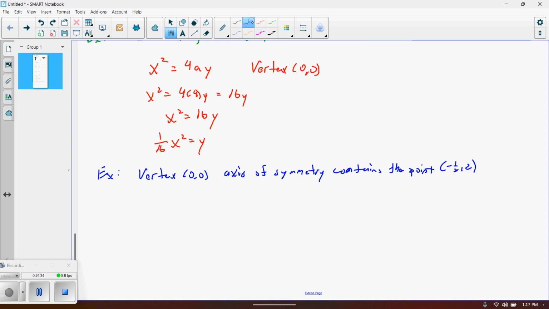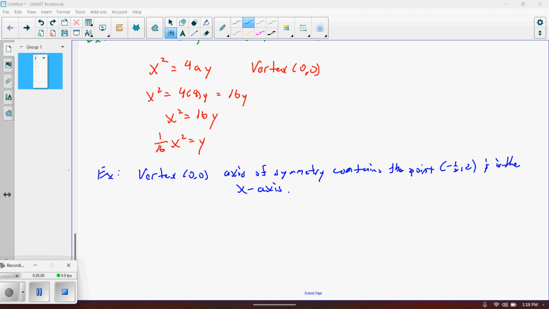And the one thing I left off here, I did tell you that the axis of symmetry contains the point -1, 2, and is the x-axis. Because in this case, it is important for us to know that the axis of symmetry goes right through the x-axis. Yeah, there's something wrong with what I wrote here. Oh, I see what it is.